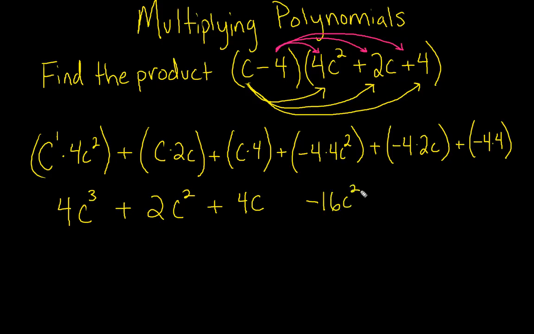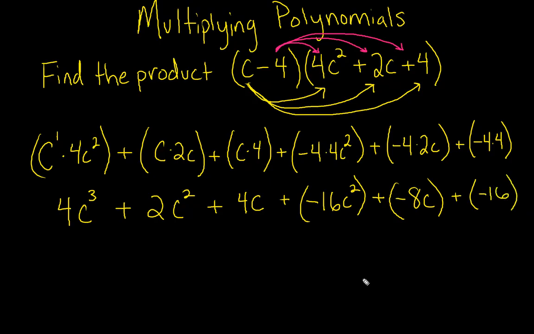And the variable comes along for the ride, negative 16c squared. I'm going to keep that in parentheses so we don't get confused with the negative. Moving along still, negative 4 times 2 gives you negative 8. And again, the c comes along for the journey. And then finally, at the end, we have negative 4 times a positive 4. Of course, that is negative 16.